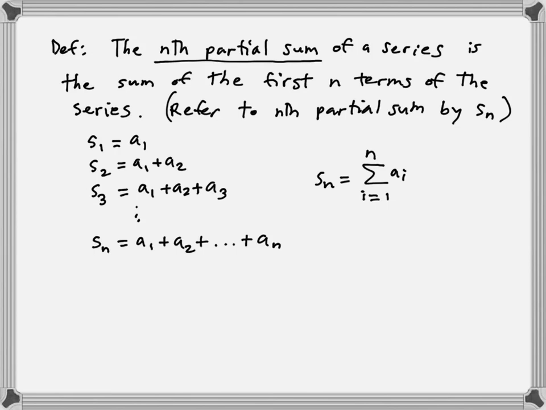So what do we notice here? We notice that we could actually do this all day long, right? We could keep going, right? Add up the first 100 terms, the first 1,000 terms. So that in itself forms a sequence. So we can form a new sequence of partial sums.